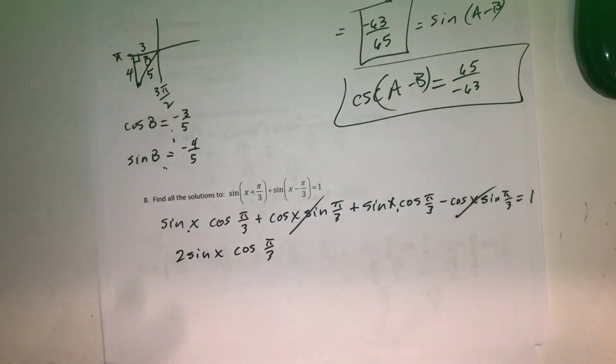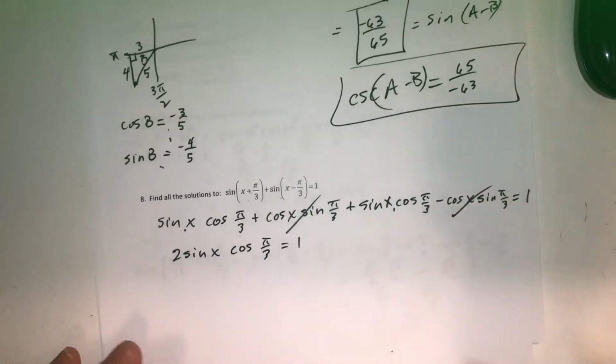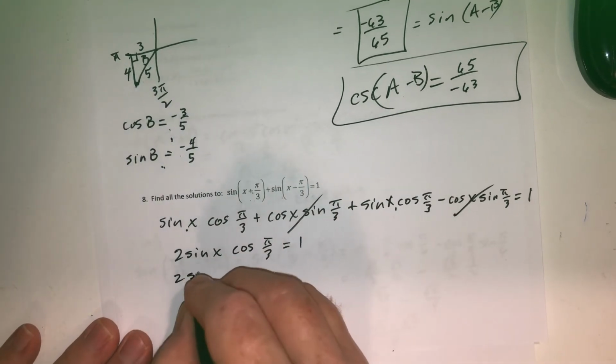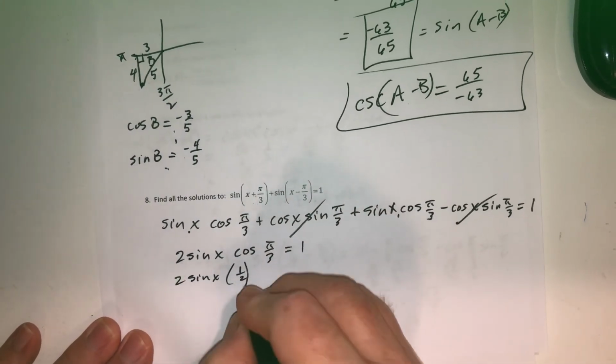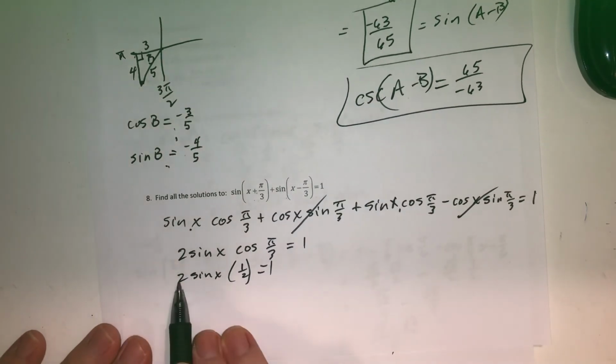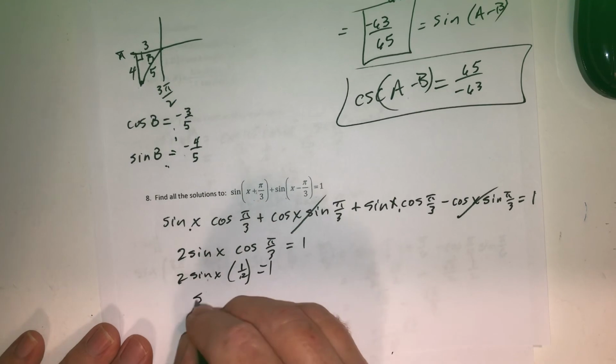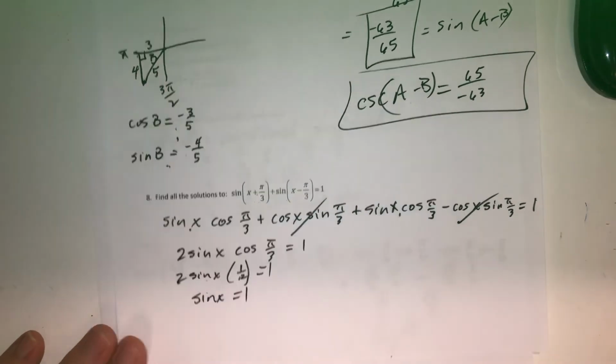And that still has to equal 1, doesn't it? The cosine of pi over 3 is 1/2. So 2 times the sine of x times 1/2 still equals 1. 2 times 1/2 is 1. And 1 times the sine of x means that the sine of x is equal to 1.